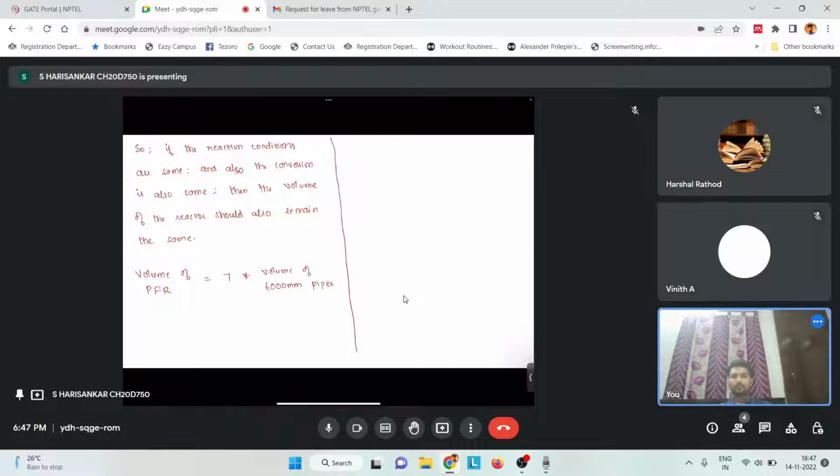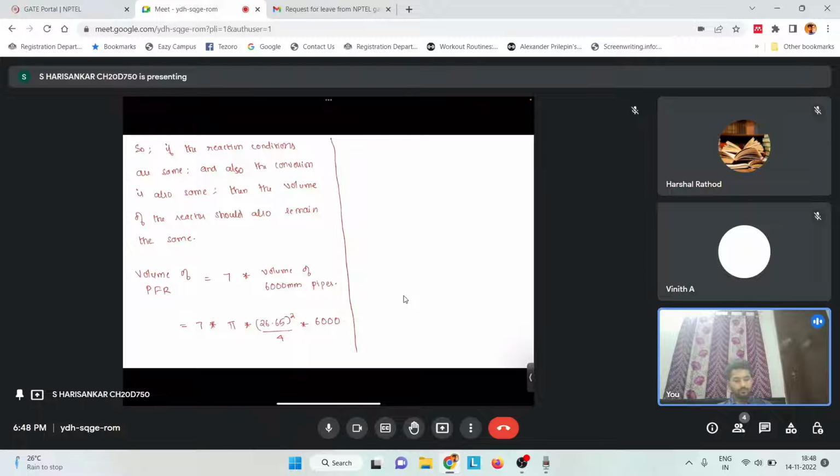So this will be 7 into the volume of each pipe, which is pi d square by 4 into length. So pi into d square, which is 26.65, the whole square, by 4 into 6000.